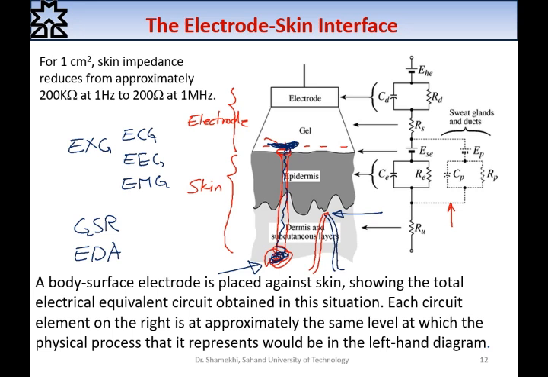Therefore, in GSR and EDA, we need the performance of these ducts, including some sweat inside them, and sweat is a salty liquid, and salty liquid has a low impedance. Therefore, the impedance of the epidermis will be reduced.